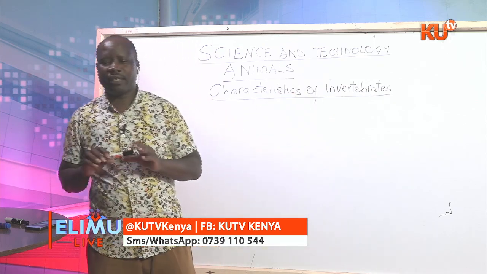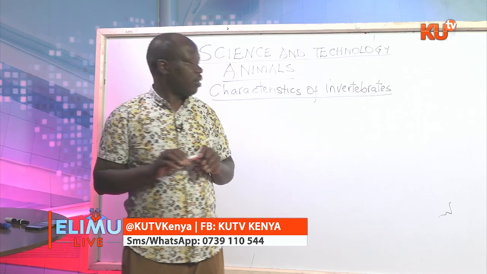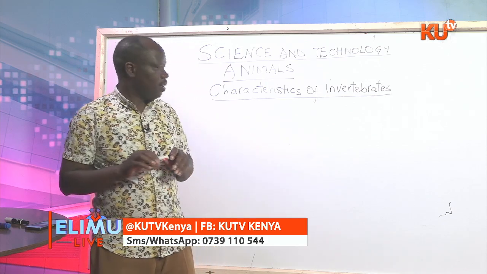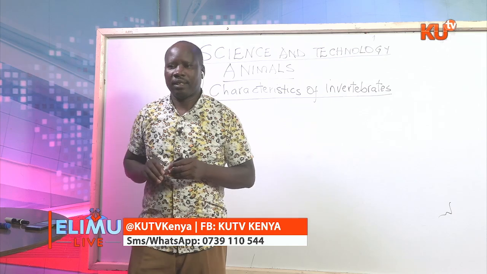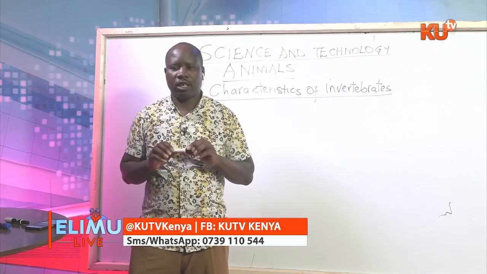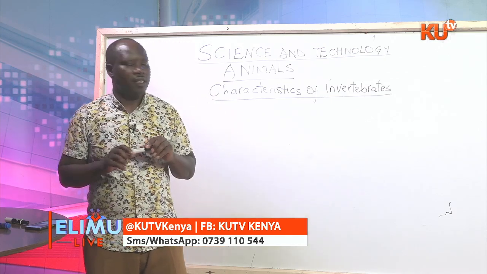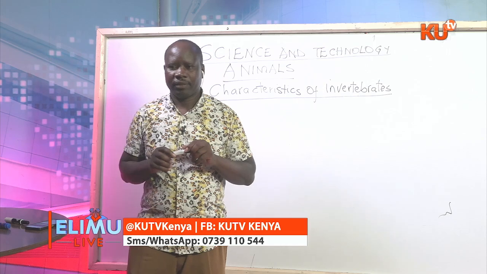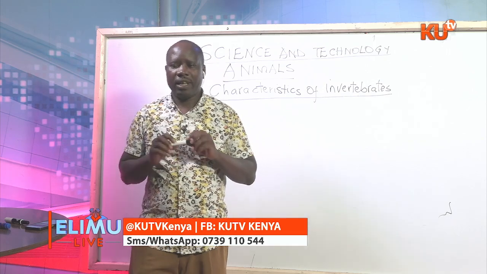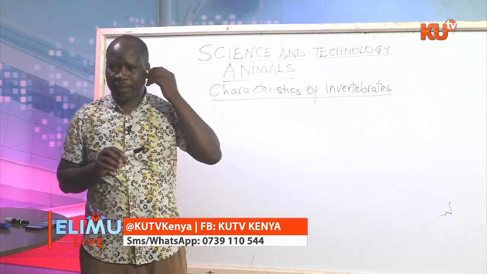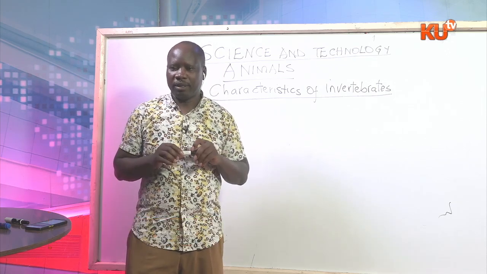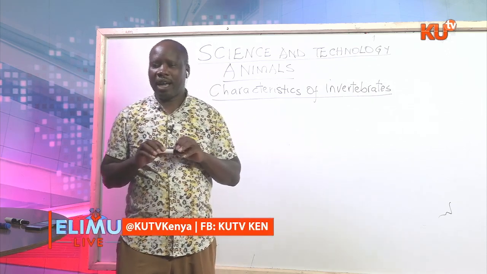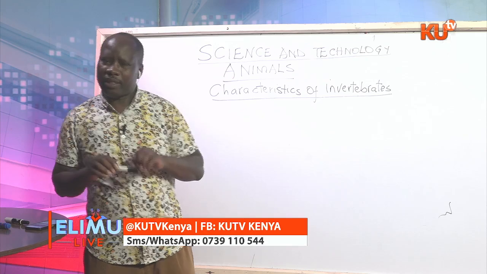In grade 5, under the strand of animals, we were able to look at the substrand vertebrates. And we defined vertebrates as animals with backbones. And what is this backbone?